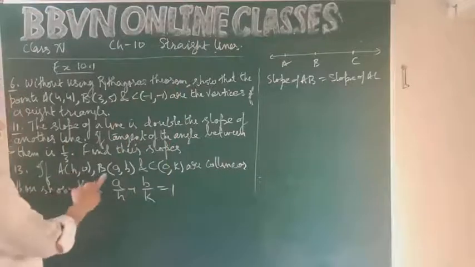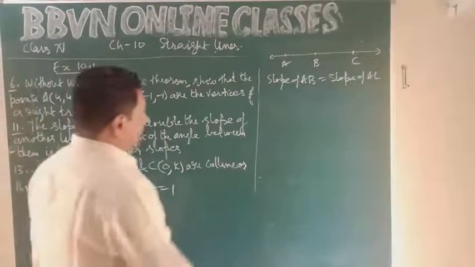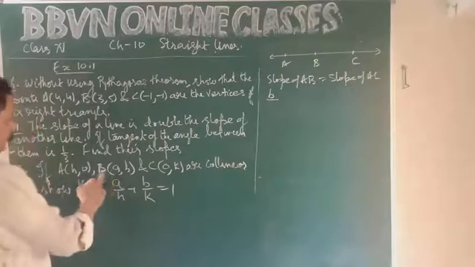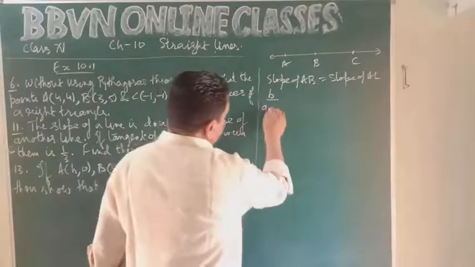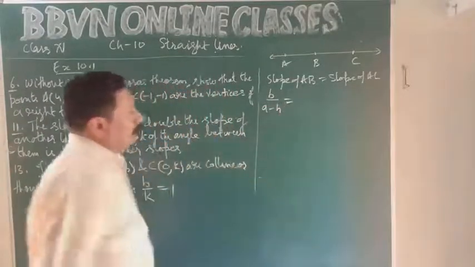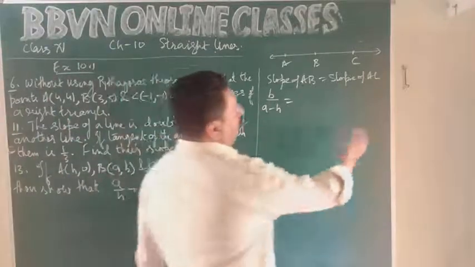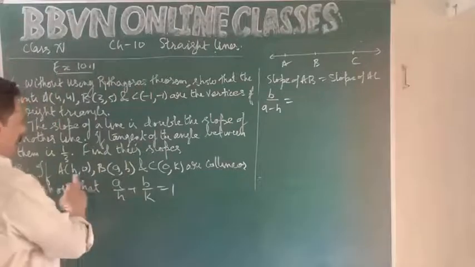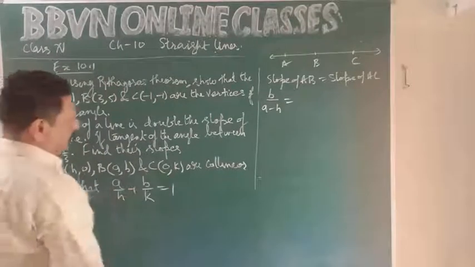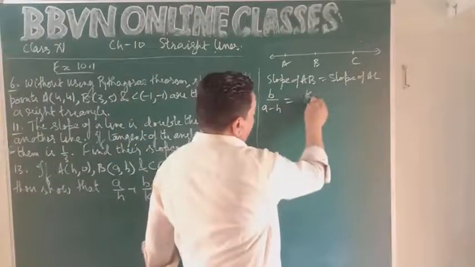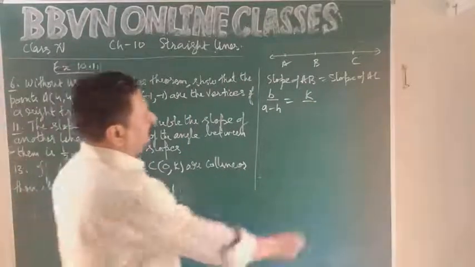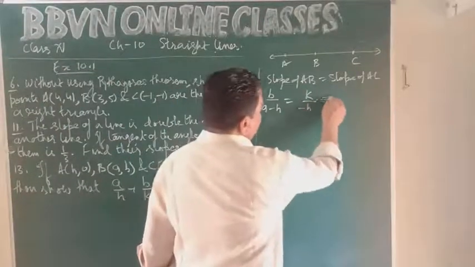Okay, slope of AB, y2 minus y1, b minus 0, b upon x2 minus x1, a minus h, equal to slope of AC. Take BC, anything you can take, it hardly makes any difference. Slope of AC, y2 minus y1, k minus 0 is k upon x2 minus x1, 0 minus h is minus h.